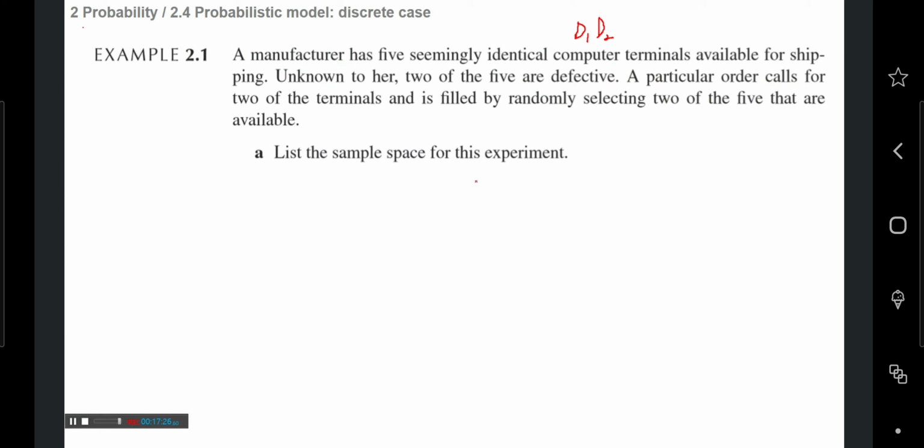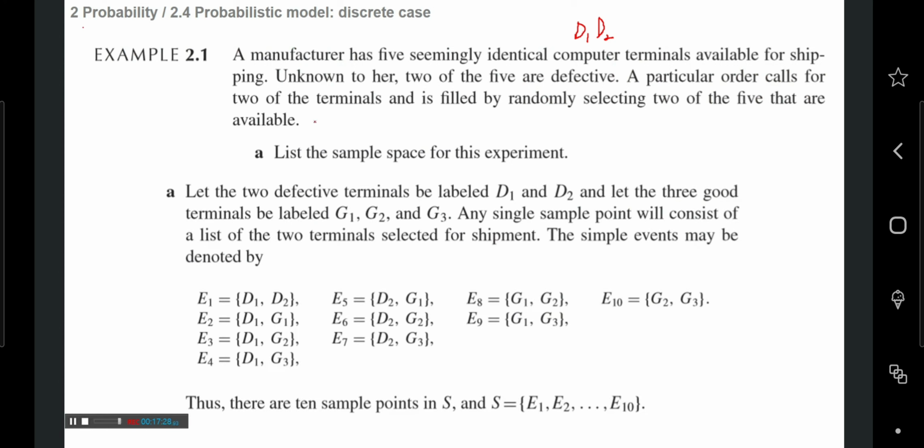So in this example, let's label the 2 defective terminals as D1 and D2, and the 3 good terminals as G1, G2, and G3. A simple event could be selecting both defectives, D1, D2.